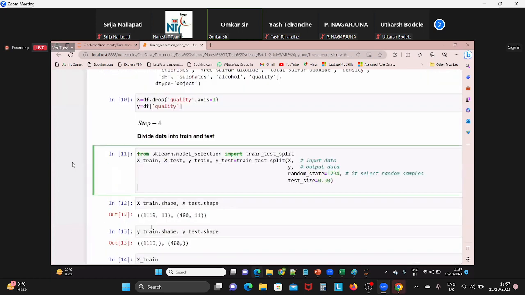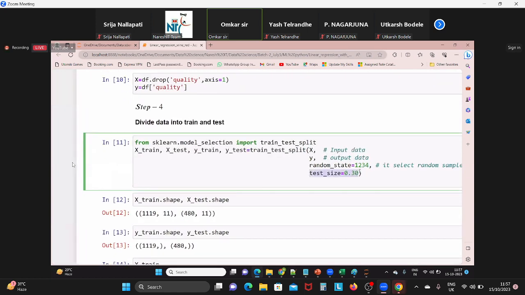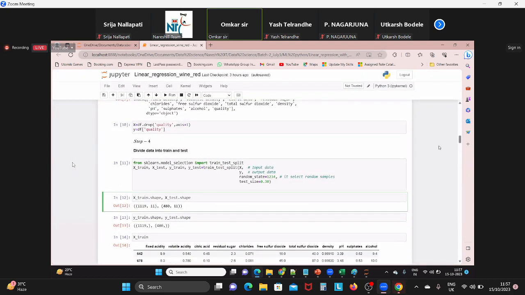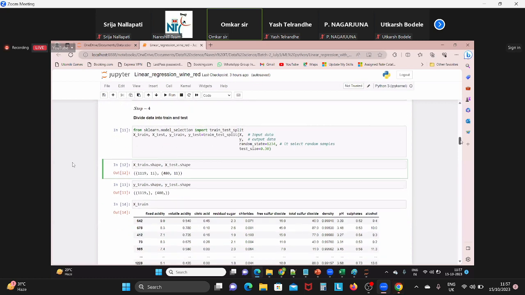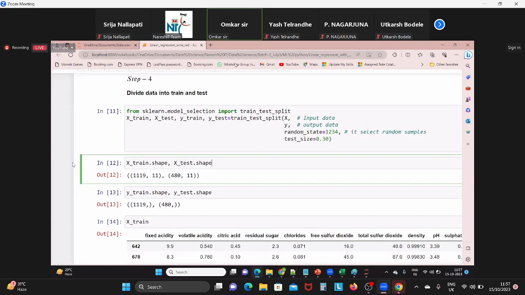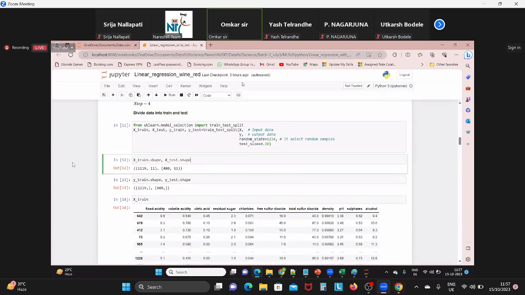Python will take care of this 70% and 30%. So out of 1119 observations, 48 observations are for testing. Agree with me? Please confirm very quickly. We have less time.